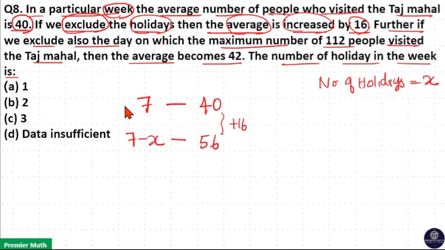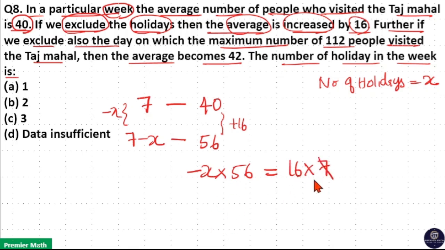Now you can see left hand side difference is minus x, right hand side difference is 16. Now multiply left hand side difference minus x with right hand side bottom number, that is 56, which is equal to right hand side difference 16, which is multiplied with left hand side top number 7.